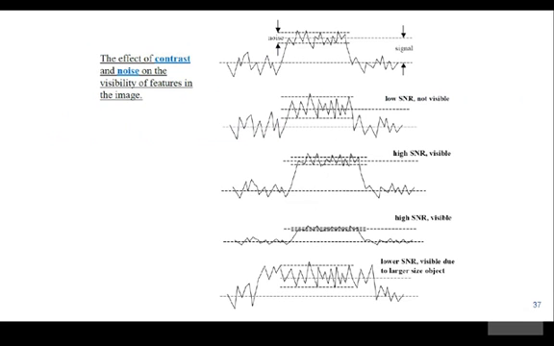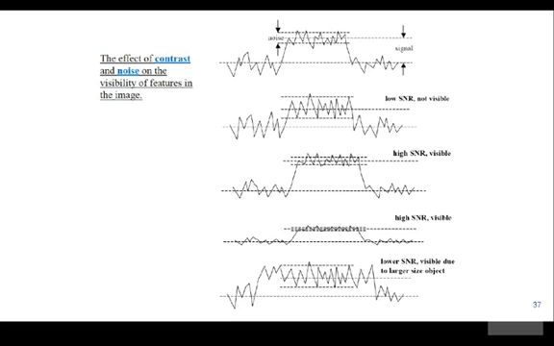This highlights something we'll look at. We can do some imaging experiments tomorrow where we're going to investigate the effect of contrast and noise on the visibility of features in an image. You can see in the top case we've got some amount of noise on the image, and then our signal.